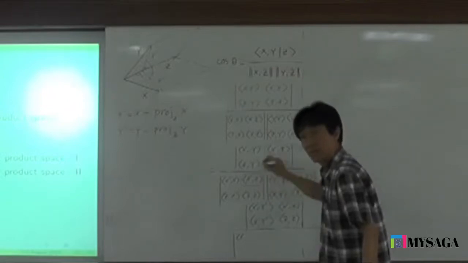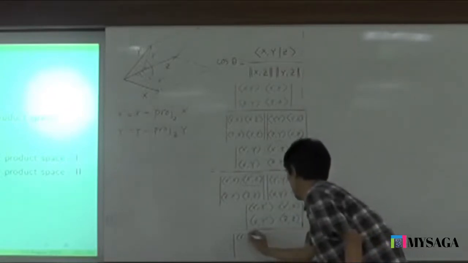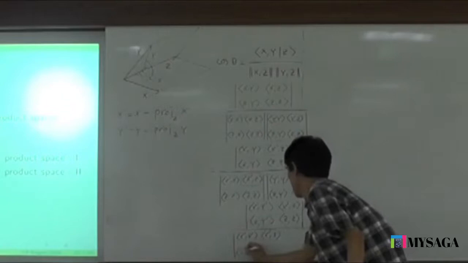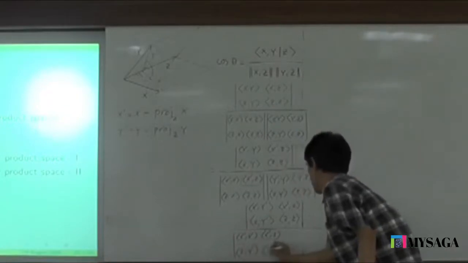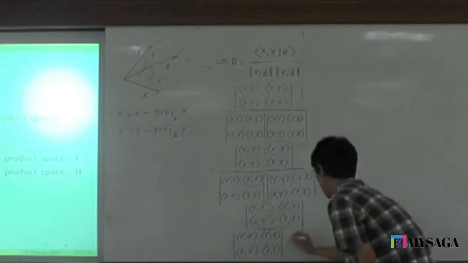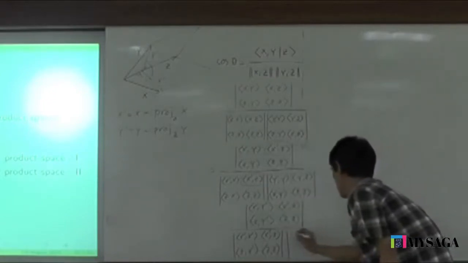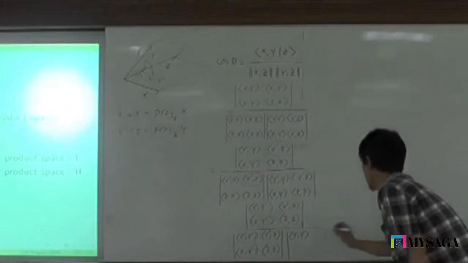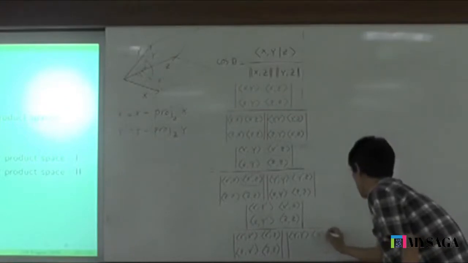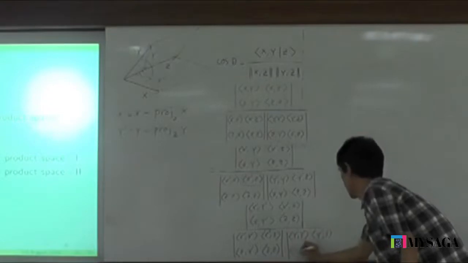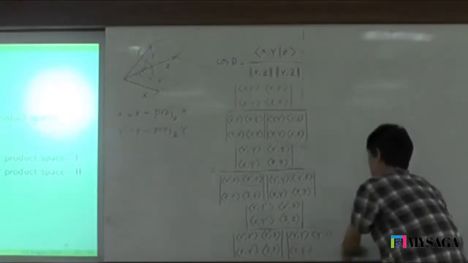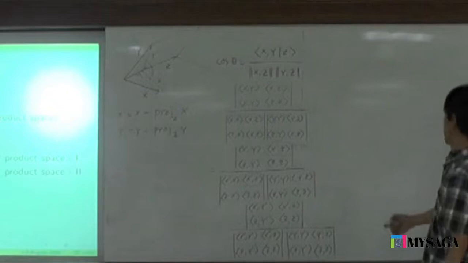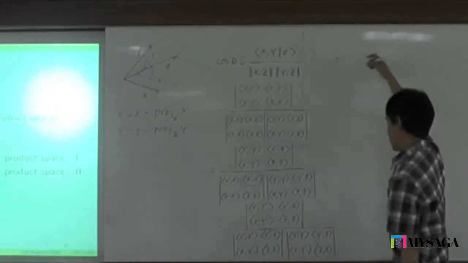We subtract alpha times the second column, so we get x prime, x prime, x prime, z, z, x prime, z, z, and also for y we subtract by a multiple of the second column, so we get y prime, z, and then z, y prime, z, z.